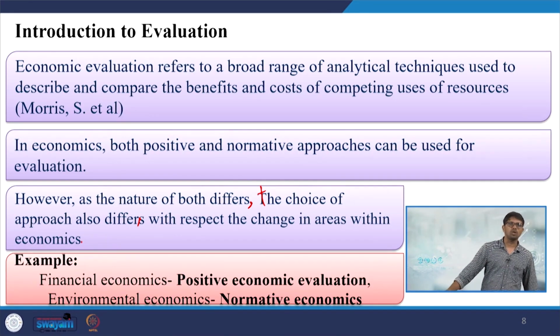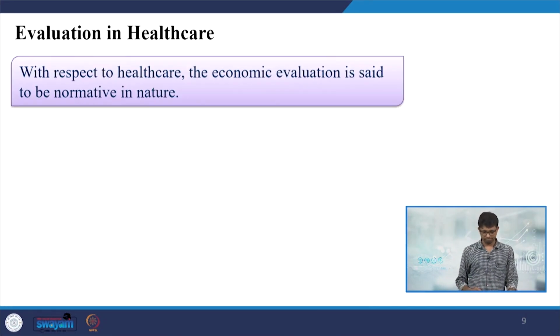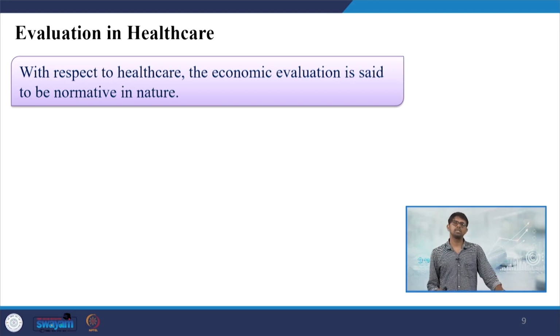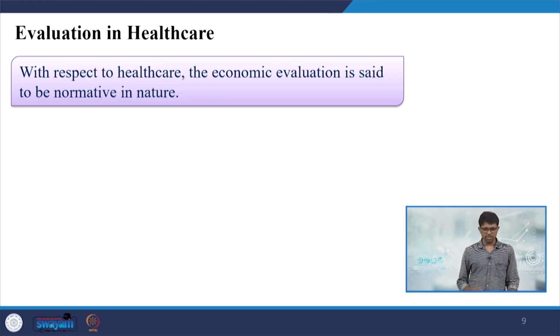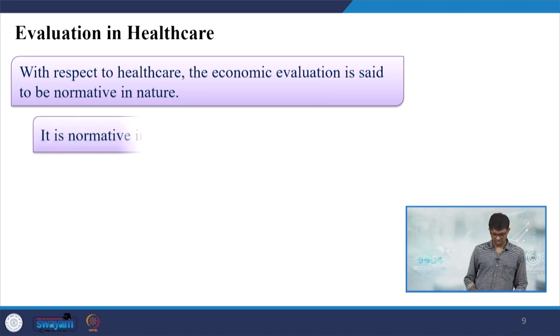Whereas in the environmental context, we take the help of normative economic evaluation. With respect to healthcare, the economic evaluation is said to be normative in nature, as it has a connection with the human body, which is largely derived from nature, and it has a number of implications and is linked to the surroundings, hence looked at from the perspective of normative discourses.